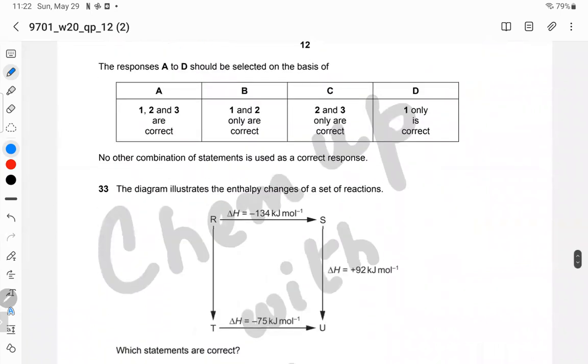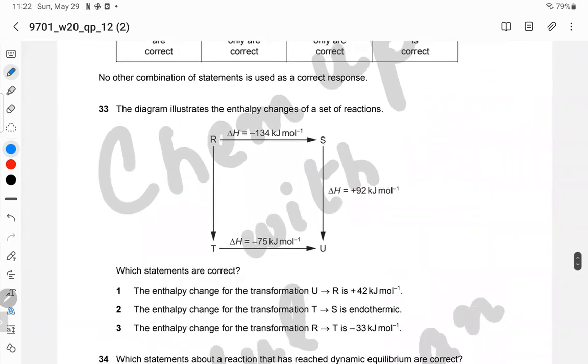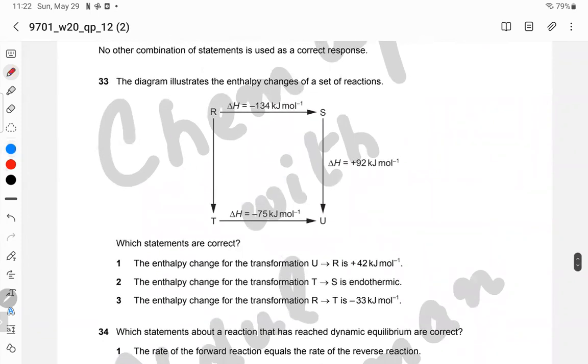Okay. Now, question number 33. The diagram illustrates the enthalpy change of a set of reactions. Which statements are correct? What they are saying is that the enthalpy change for the transition of U to R is positive 42 kilojoule per mole.